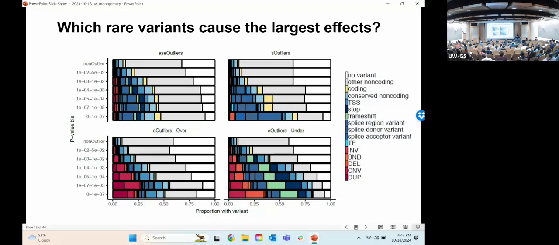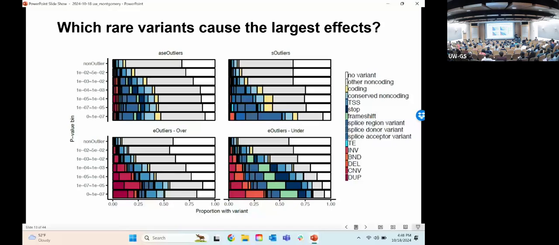For underexpression outliers, we can go down here as well. We see when expression is really low compared to the population, we get this mass here, which are frameshift and stop gain variants. So these are likely inducing nonsense-mediated decay and causing lower expression. But we also see the expected types of things like deletions, and for overexpression, we see duplications.